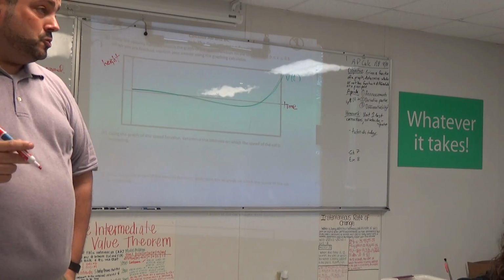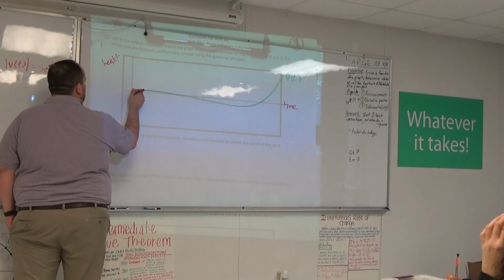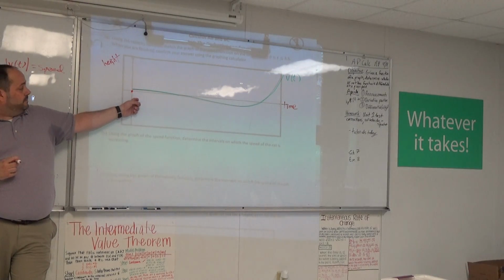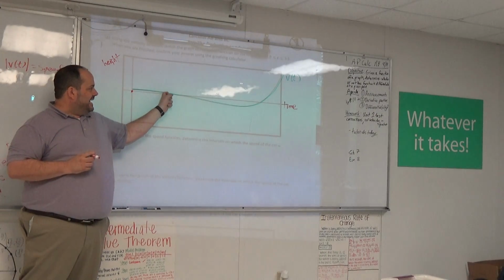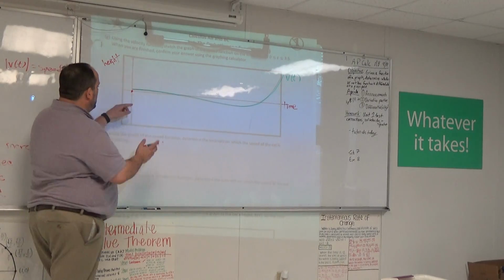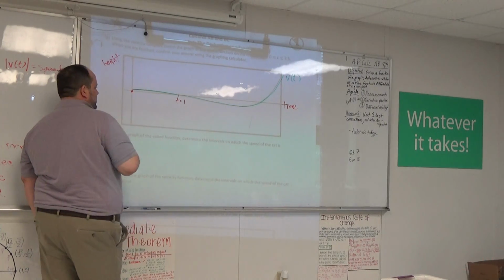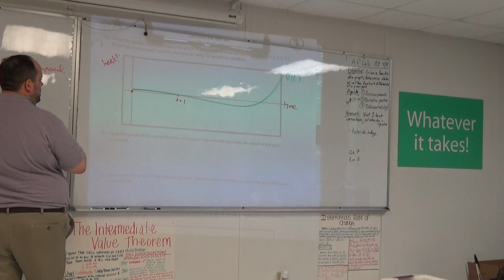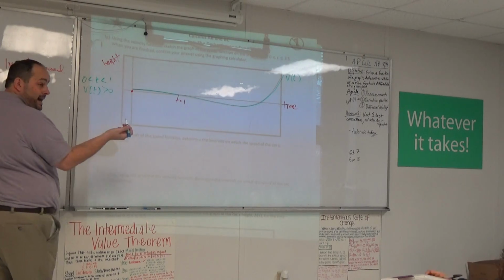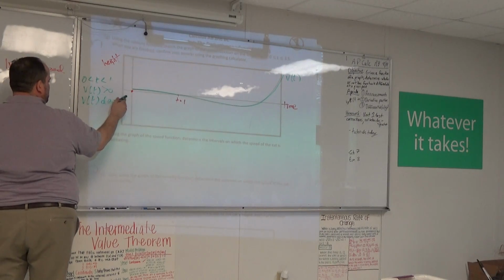Things that we know for sure. We know that the cat starts on the ground, so at time t equals 0, the height's going to be equal to 0. Now, based on what we know about velocity, what can we say about the height? For example, on the interval from 0 until t equals 1, velocity is positive, and velocity is also decreasing.